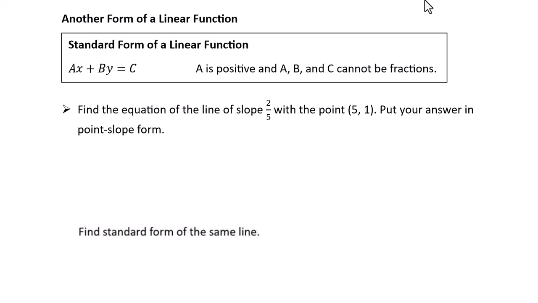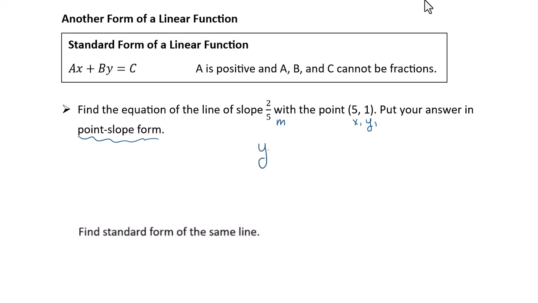So we're going to find the equation of the line with slope 2/5 and the point 5, 1. Again, we've been given a slope and a point that's not the y-intercept, so this is an x1, y1 point. We have to use point-slope form, and they actually want our answer in point-slope form when we're done, so that's fine.